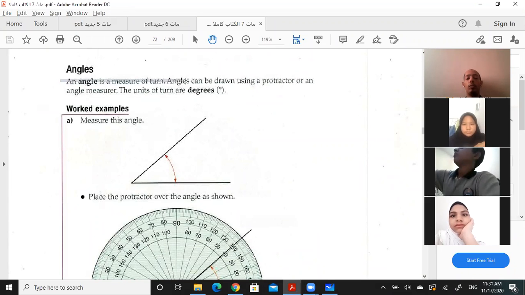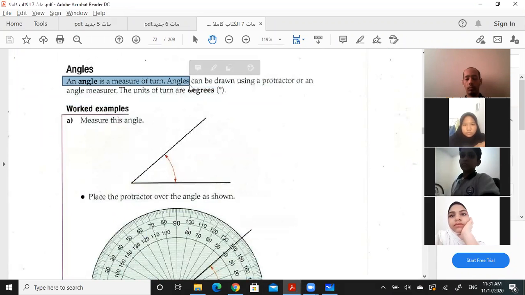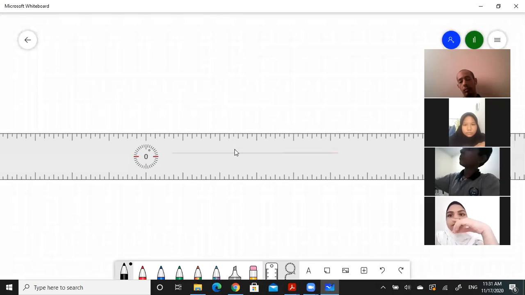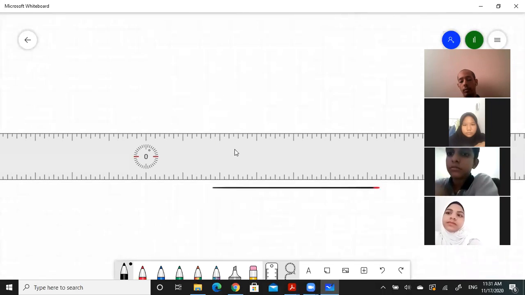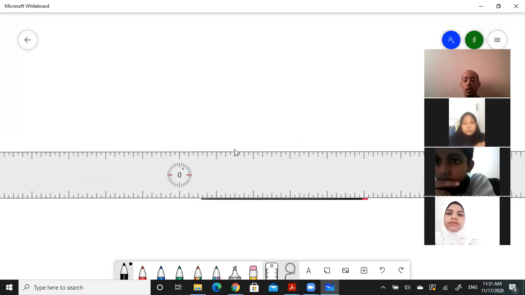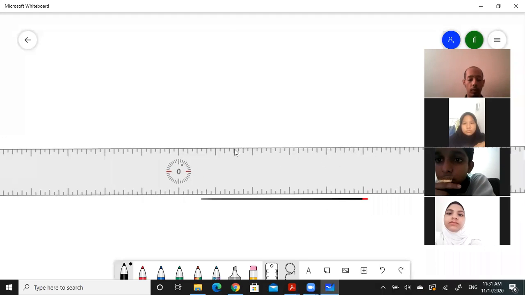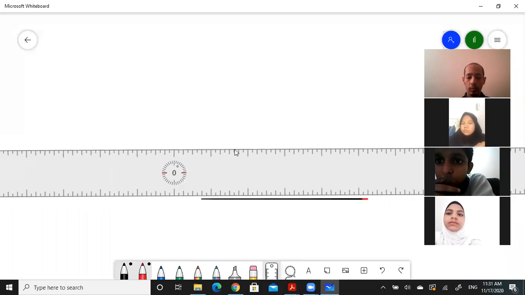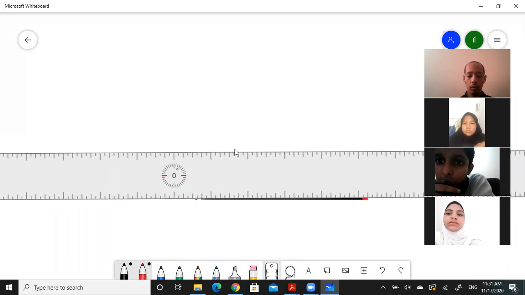So let's move on, it's not very difficult, and let's talk about angles. An angle is the measure of a turn. What is the meaning of measure of a turn? Let's suppose you have this line, and you have another line, this red line, lying on top of it.